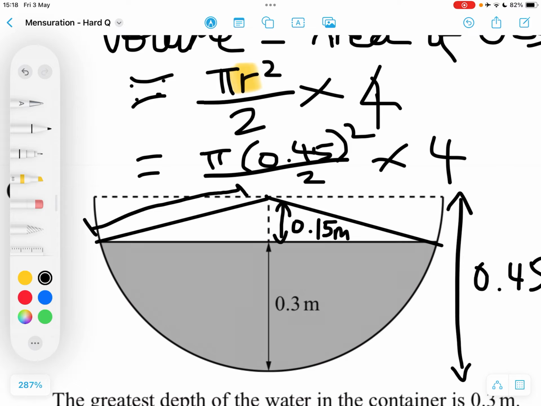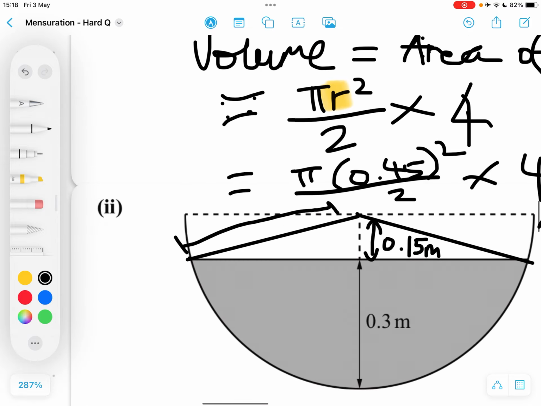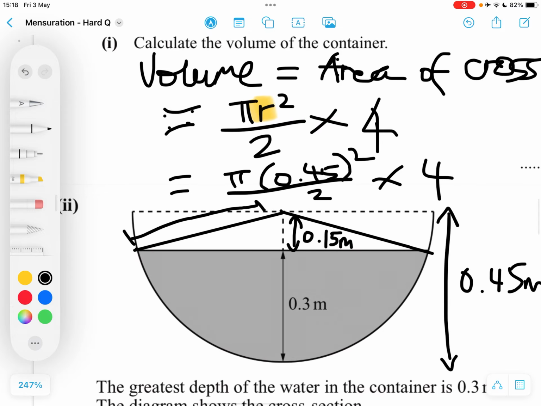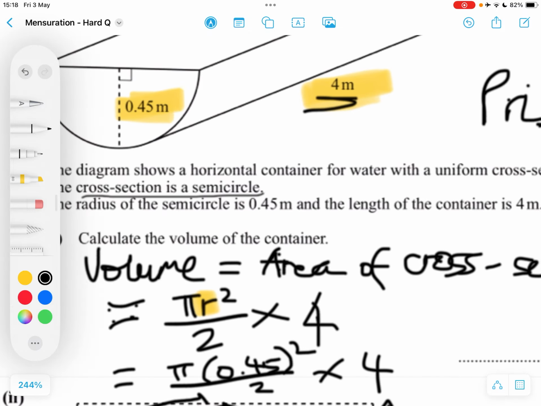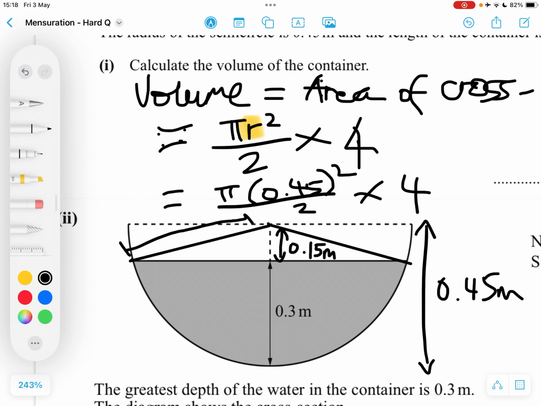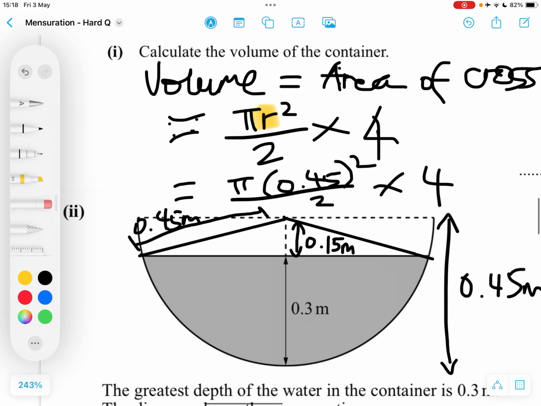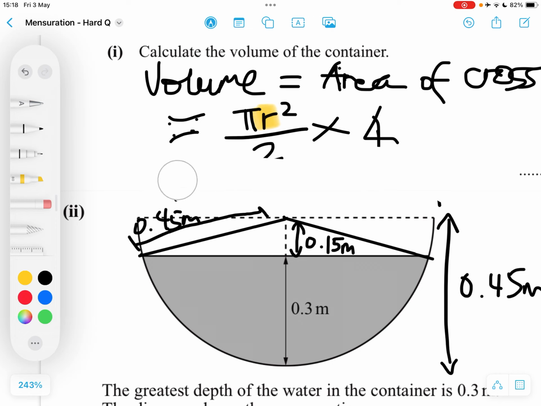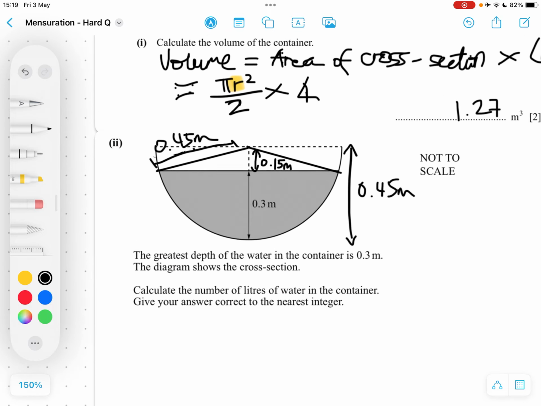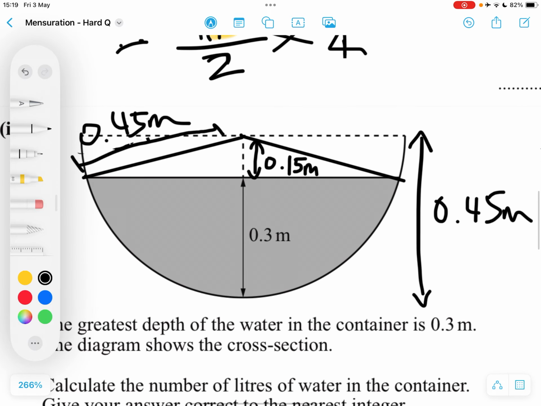Since it goes from the center of the circle to the edge of the circle, it's given to us as 0.45 meters.